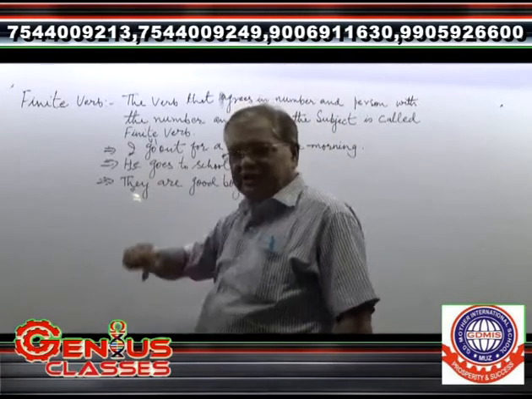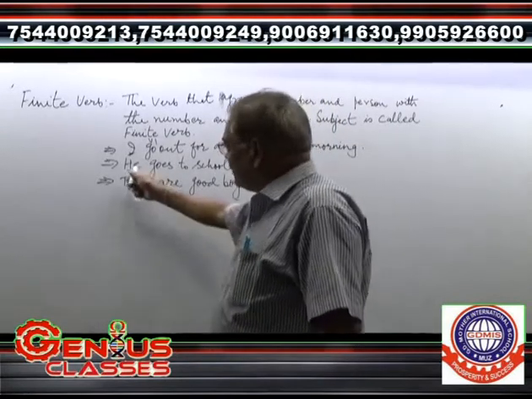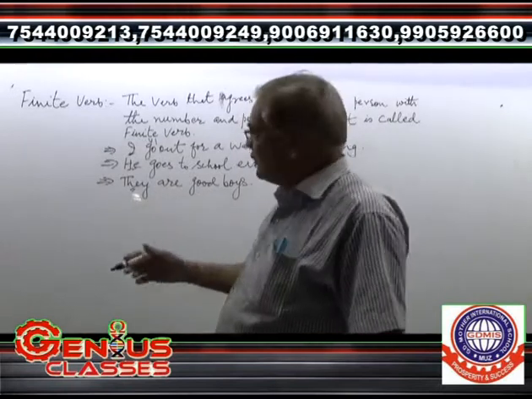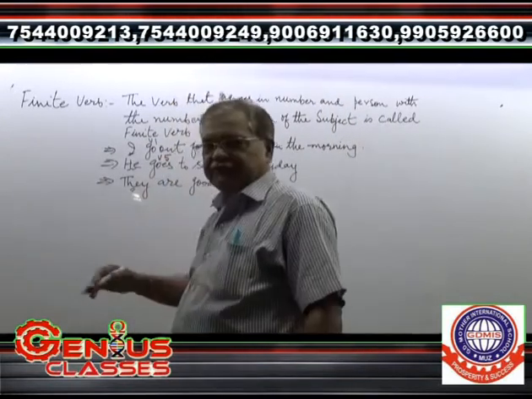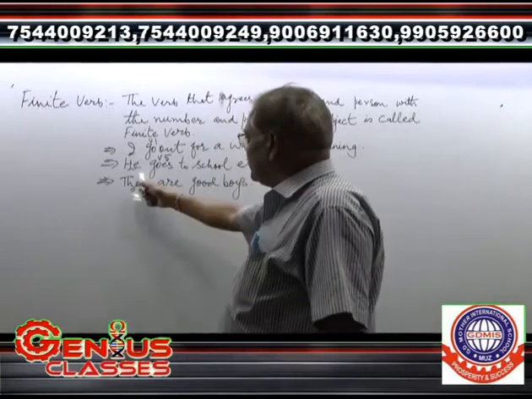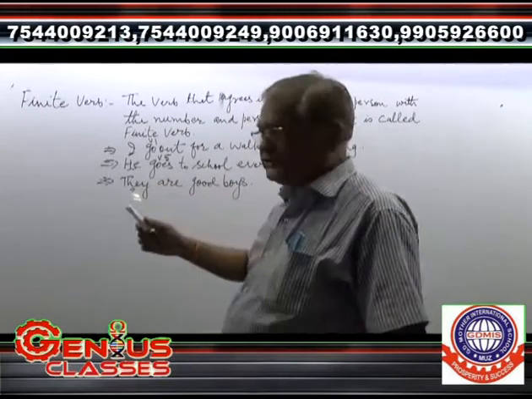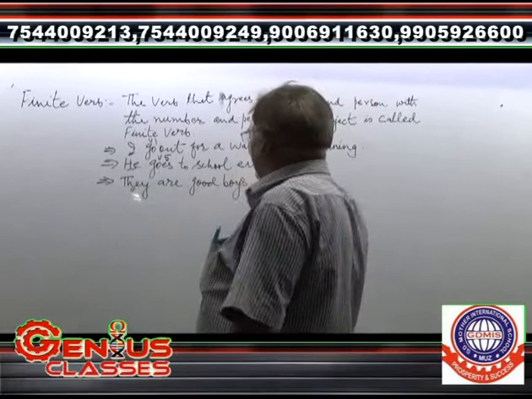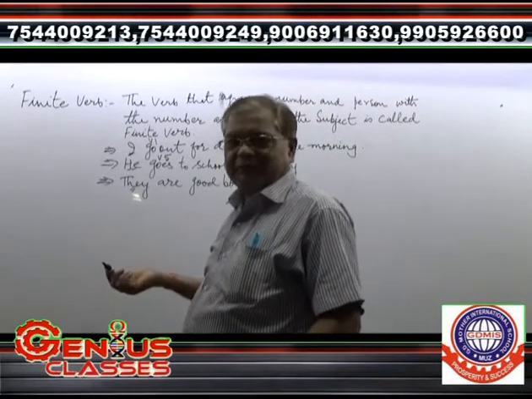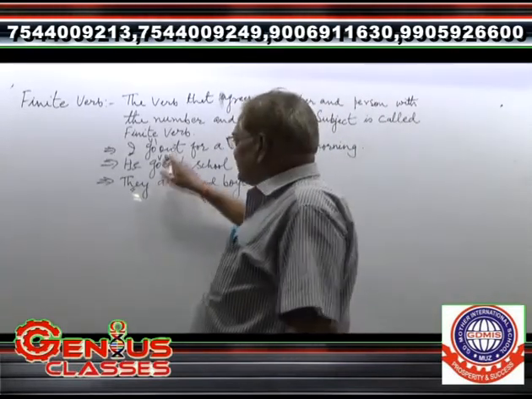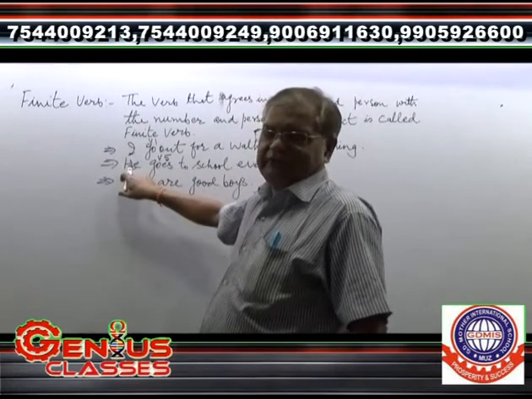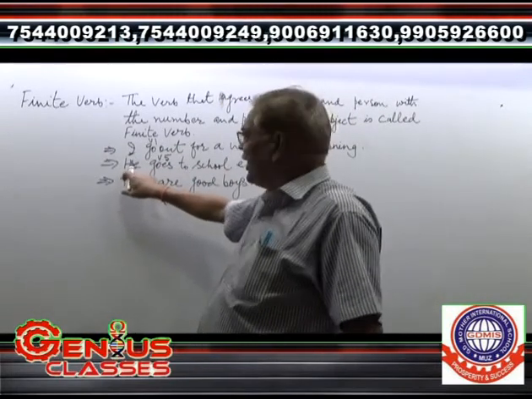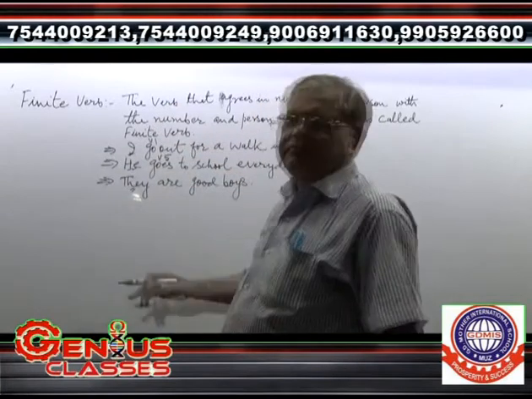Here he is the subject, and along with he, the verb form is always changed in the case of the simple present tense. So, he goes to school. We cannot say he go to school every day, otherwise the sentence will be wrong. So the form of the verb must match the subject. So that is called a finite verb.